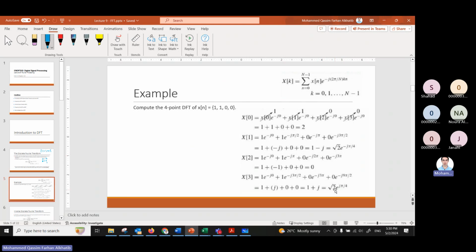So the third one is 0, and the last one is 1 plus j. So the final answer you represent like this: X of k equals 2, 1 minus j, 0, 1 plus j. So that is the final answer.